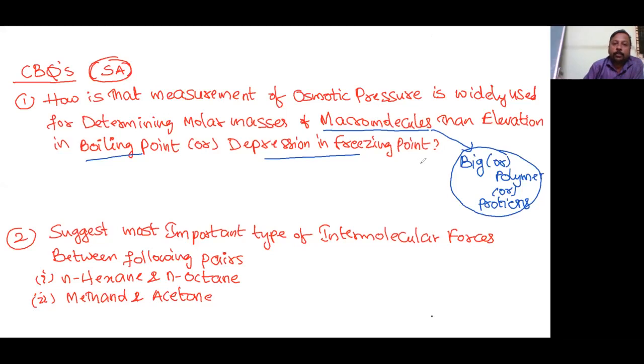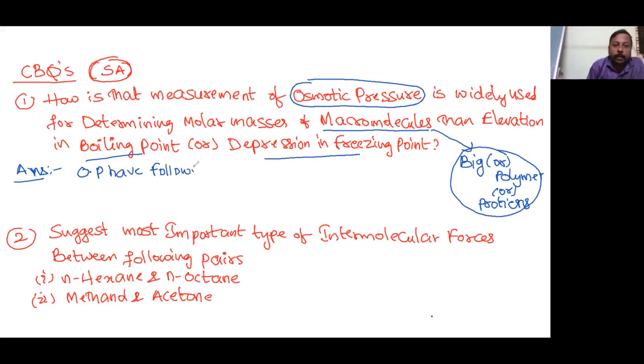Most of the students know, but where to highlight and which appropriate word to use, that I will tell you. First, the reason and its presentation. Actually, macromolecules are especially biological compounds. Osmotic pressure has the following three advantages.